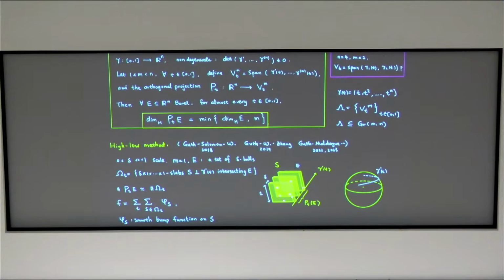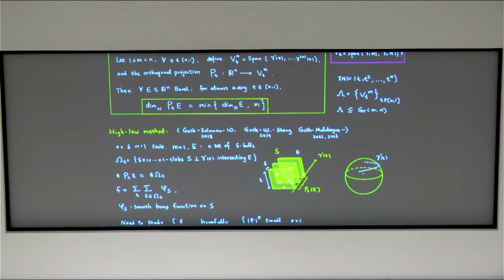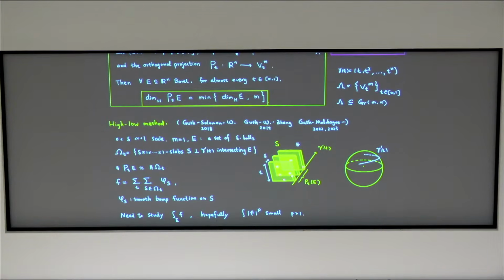Okay, even though this is a general audience talk, I still want to talk a little bit about proof ideas. But this is hopefully not too difficult, and even if it's too difficult, it only lasts for one slide.